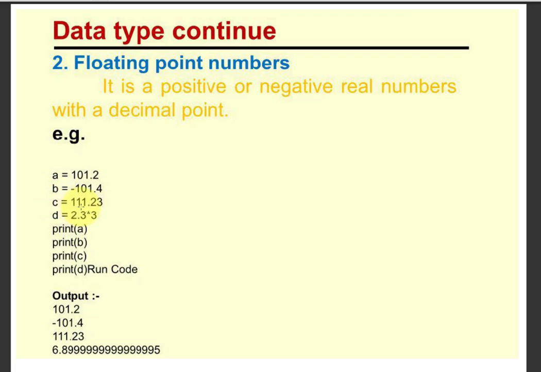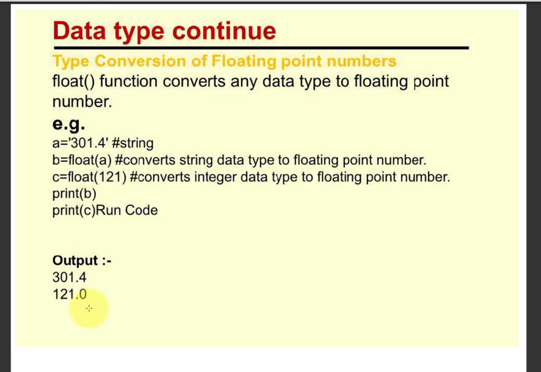And next, 111.23. This is also a decimal, so it is a floating point operation. When we execute the variables a, b, c, d and run our program, we will get the values. So these are floating point numbers.